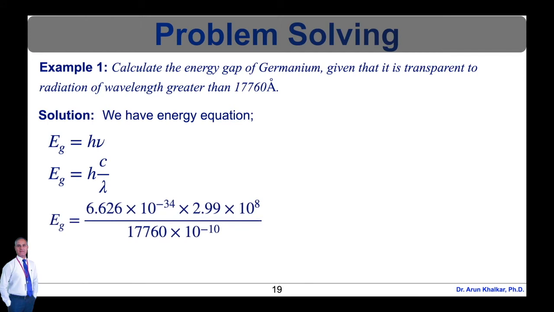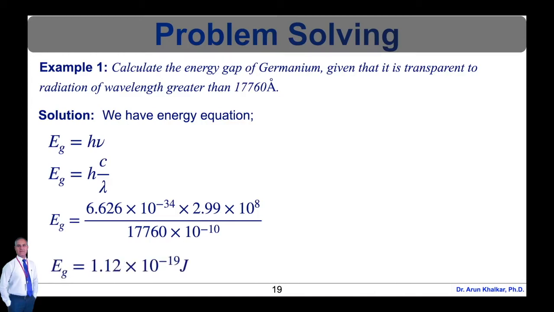So by simply putting the values of all these parameters in this formula, the energy gap Eg is equal to h, the Planck's constant, 6.626 into 10 raised to minus 34, into the speed of light 2.99 into 10 raised to 8, divided by the lambda value given, that is 17,760 into 10 raised to minus 10, since the angstrom unit is converted to meters.